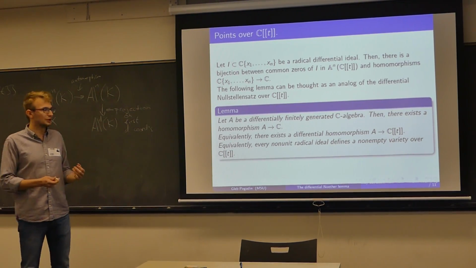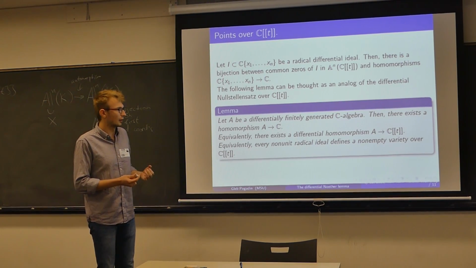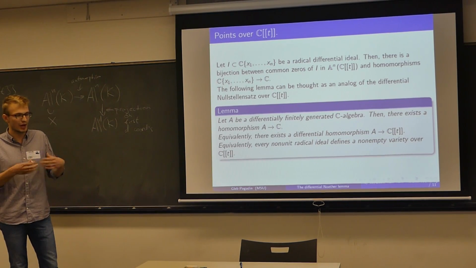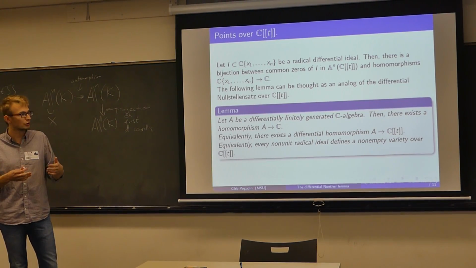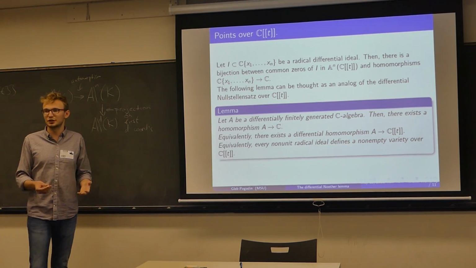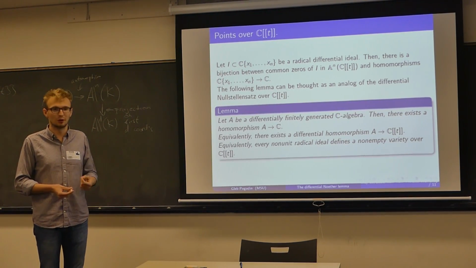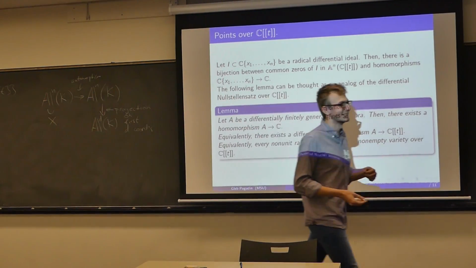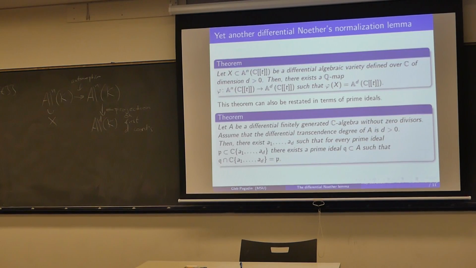So every variety which is non-empty over the differential closure is non-empty over power series. So it's quite reasonable to speak about this geometry. And again, this geometry also has normalization.